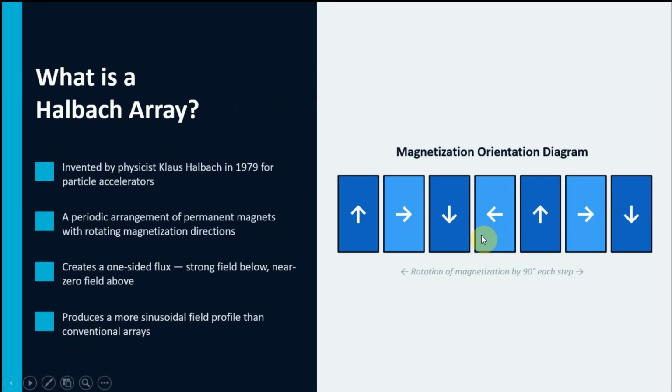A Halbach array is a unique magnet arrangement designed to concentrate magnetic field on one side while reducing it on the opposite side. Instead of all magnets pointing in the same direction, each magnet is magnetized differently. This creates a stronger and more controlled magnetic field in the desired region.